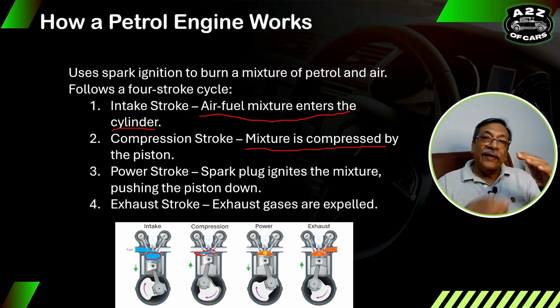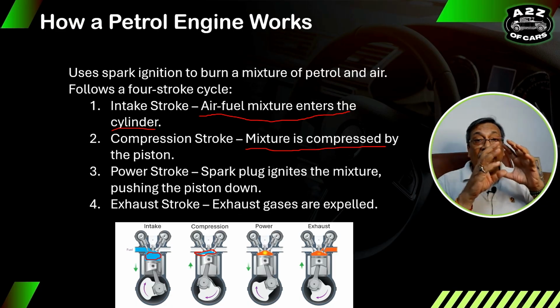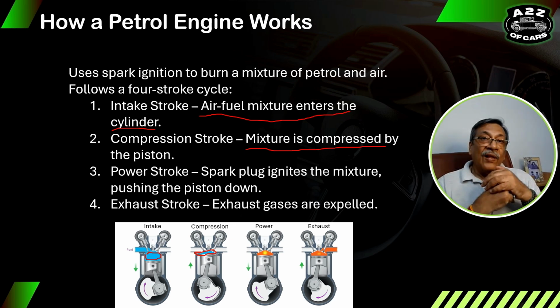Then when the air fuel mixture is compressed, now what happens? It's a highly compressed air fuel mixture inside, high density. Now in a petrol engine, what happens? There is something called a spark plug. As the name suggests, it gives a spark, right?